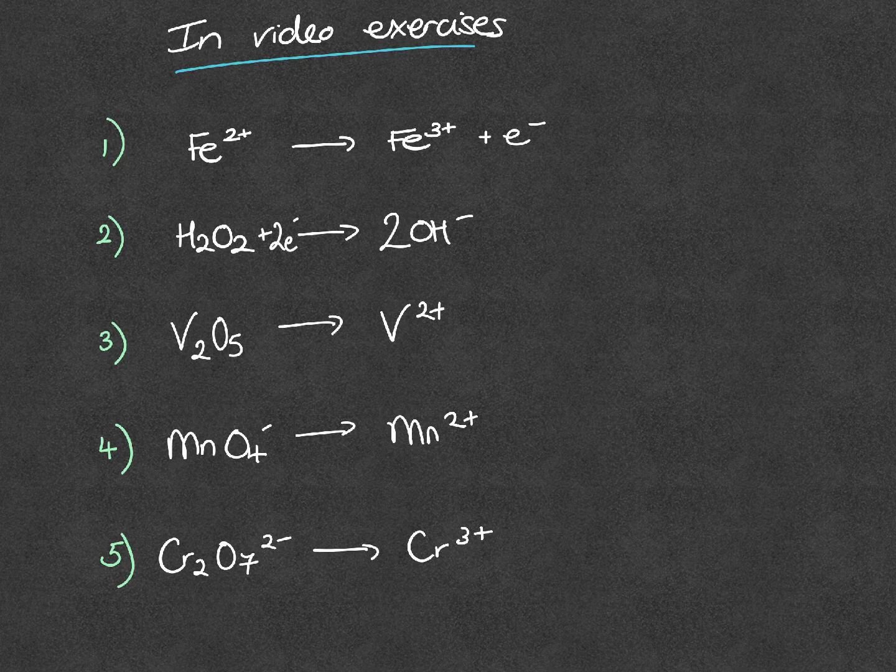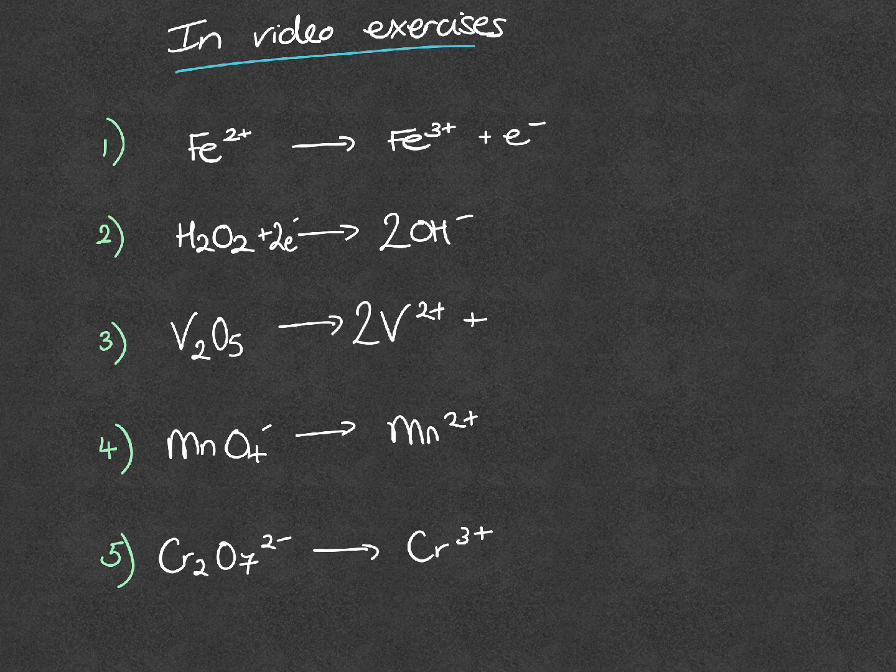Okay, next one, much more complicated. We've got 2 vanadiums and we've got 5 oxygens on the left hand side, and we haven't got anything like that on the right hand side. So let's just deal with the vanadiums first. So we'll use a coefficient 2 in front of that V2+.